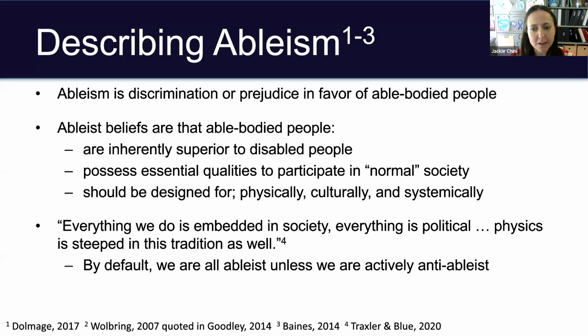So we've probably all heard the idea that physicists think of physics as a culture of no culture, but that's not possible because just like everything else, physics exists within a society, and the ideas in that society permeate into the physics community. And what this means for us is that by default, we are all ableist unless we are in a moment of being actively anti-ableist.